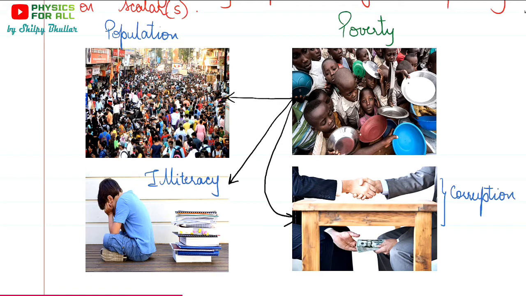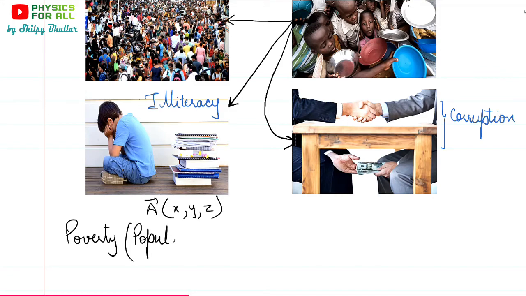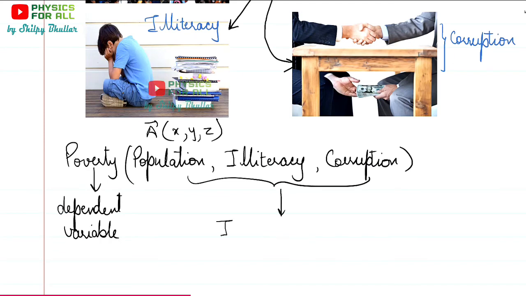Now, if we have to mention it, then we can write that poverty, the way we represent any vector, we say that vector A depends on X, Y, Z. So that simply means that poverty depends on population, illiteracy, and corruption. So this is dependent variable, and these three are independent variables.